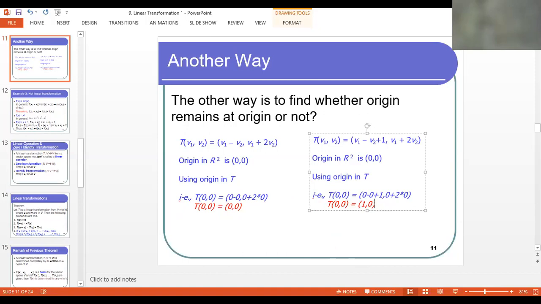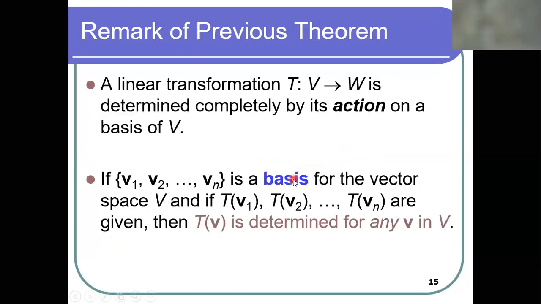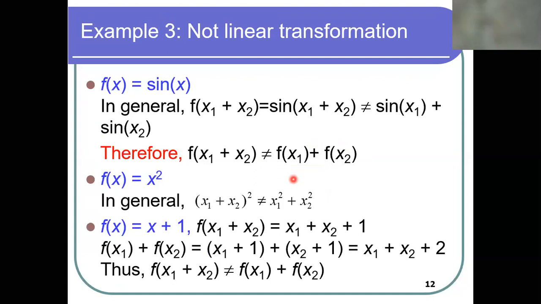So let us come up with another definition. If you look over here, there are some functions that are linear or not. If you place f of x1 plus x2 over here, this is not generally equivalent to sine of x1 plus sine of x2.